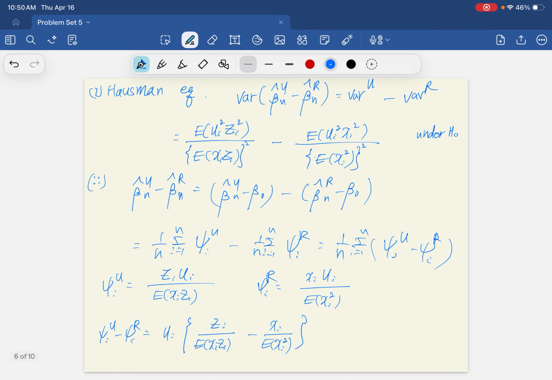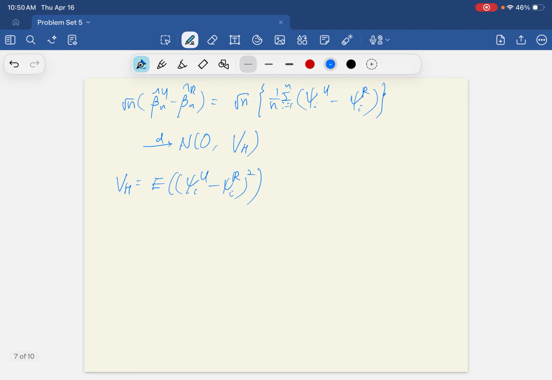So if you take the square of that, this is z_i over expectation x_i z_i minus x_i over expectation x_i squared, and you square them. I will ignore u squared. u is the same. It does not go away at all.